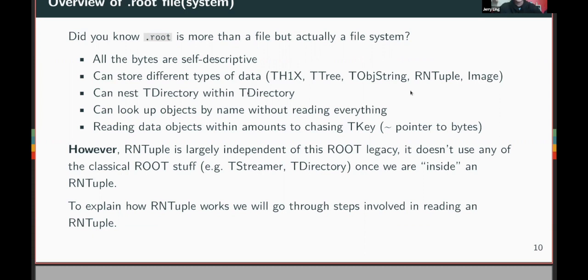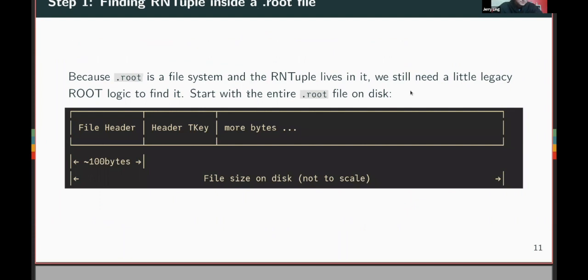But even in those contiguous bytes, the files are not actually contiguous. So it's more like a file system on a disk. Just the disk is a chunk of bytes. Anyway, RNTuple itself is pretty independent from the ROOT legacy parsing logic, I would say. But just to warm up, I would start from the ROOT file.